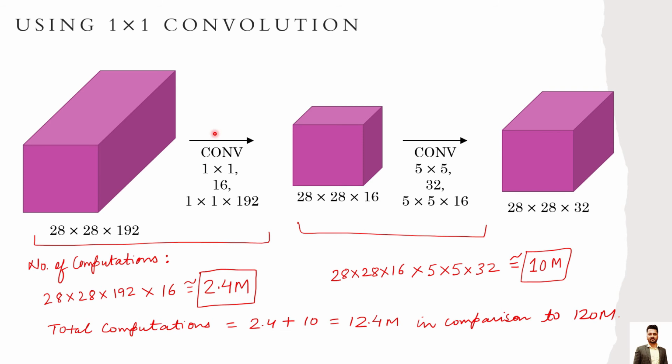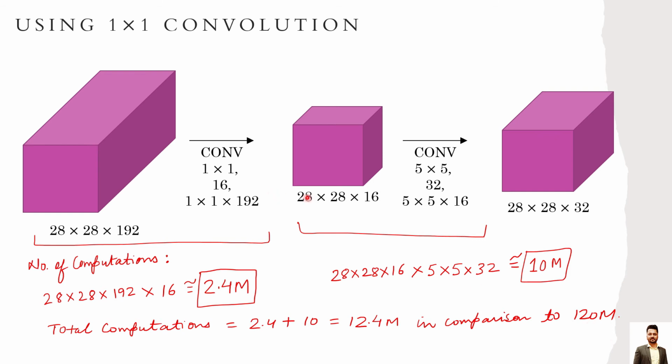So the number of computations for this part is 2.4 million, and similarly for this part, in which I am using this 28 cross 28 cross 16 into the convolution of 5 cross 5 with 32 filters, computation will be around 10 million. So the total is 12.4 million computations if we add these two, which is very less in comparison to 120 million. It is nearly 10% of it.